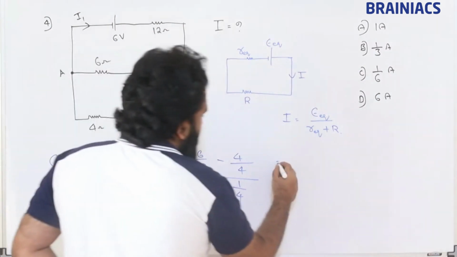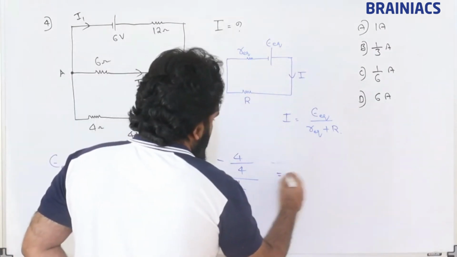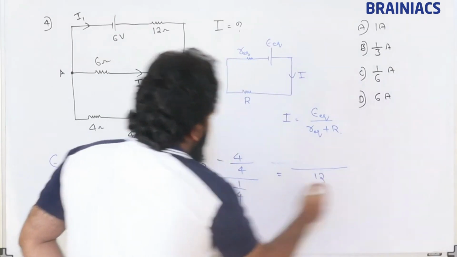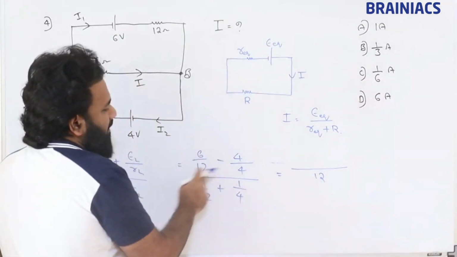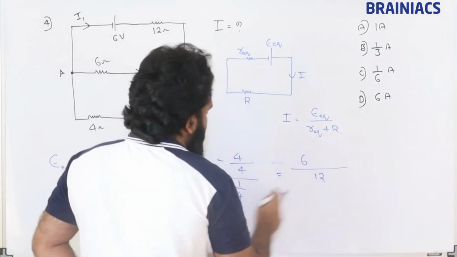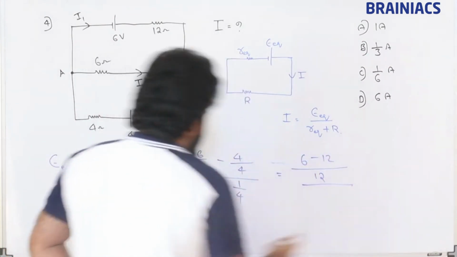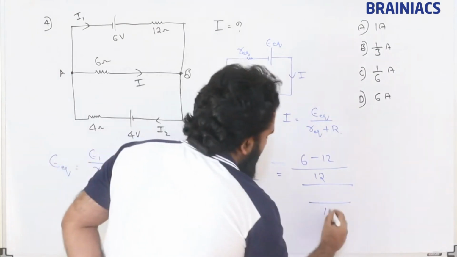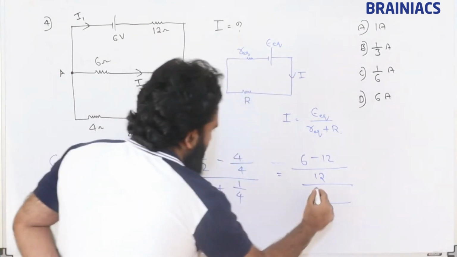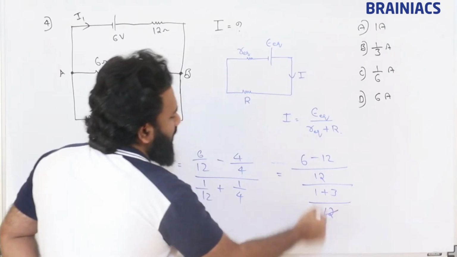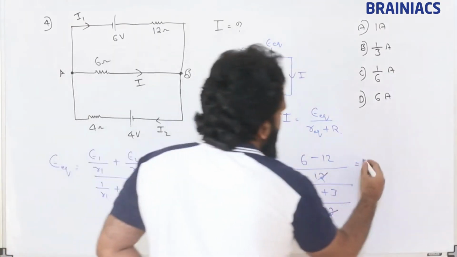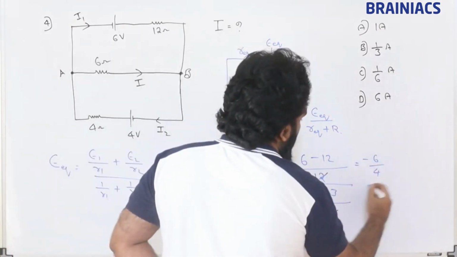If we solve this, for the numerator we can take the LCM as 12. This will be 6 by 12, and here this is going to be 3 minus 12, divided by, again with 12 in the denominator, 1 plus 3. So 12 will be cancelled off. We will be getting minus 6 by 4.